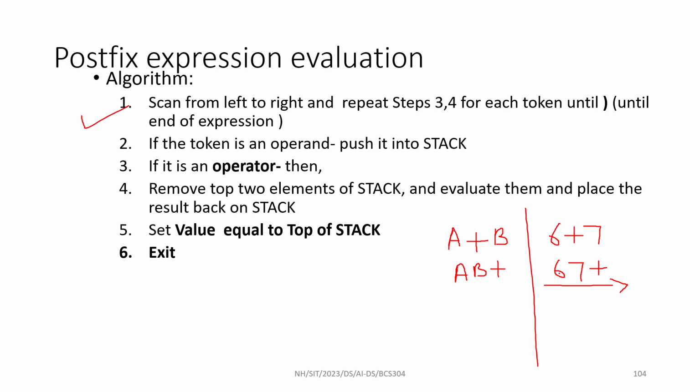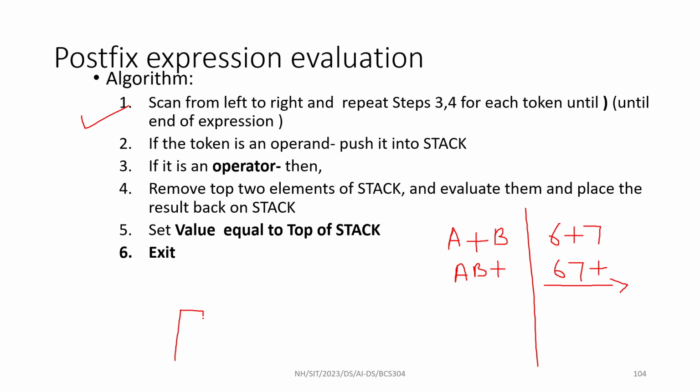So 6 is an operand, 7 is an operand and plus is an operator. When I get 6, I will not know what operations I have to perform. Even when 7 has arrived, I will not know what the operation is. So to solve this problem, we have to make use of a stack.